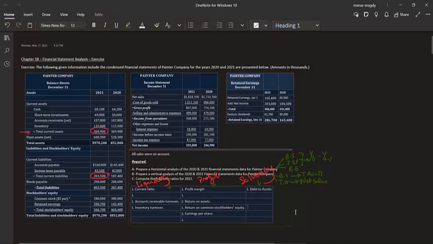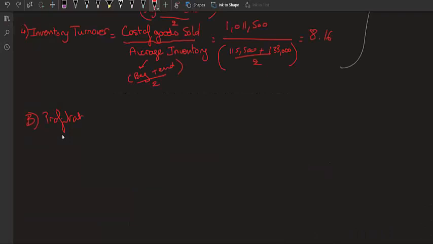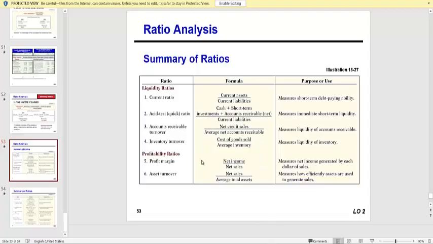Requirement number B, profitability ratios. First, we have the profit margin. As we can see here, profit margin equals net income divided by net sales. It measures how much net income can be generated for each $1 of net sales.